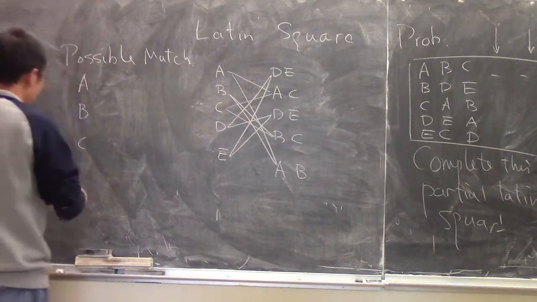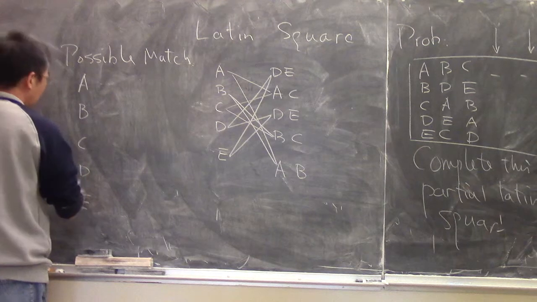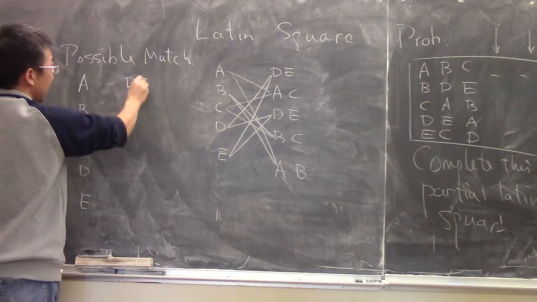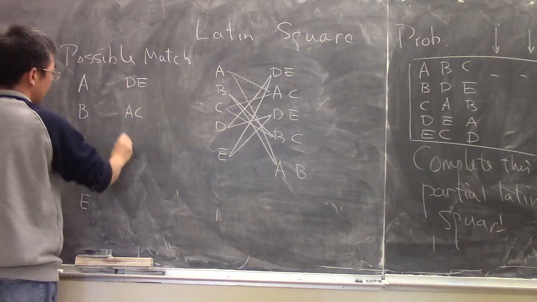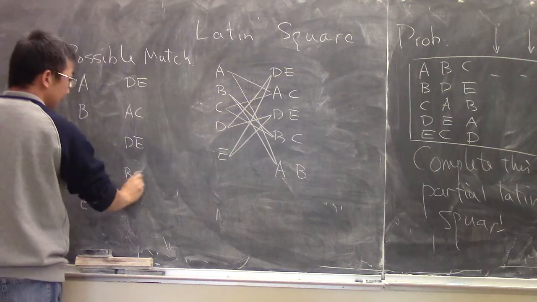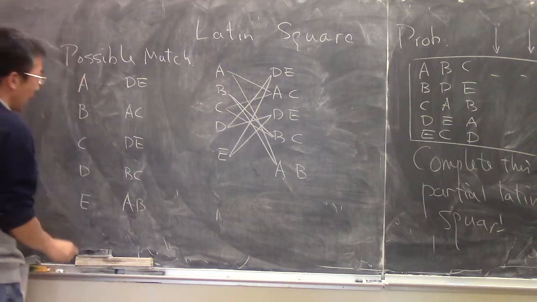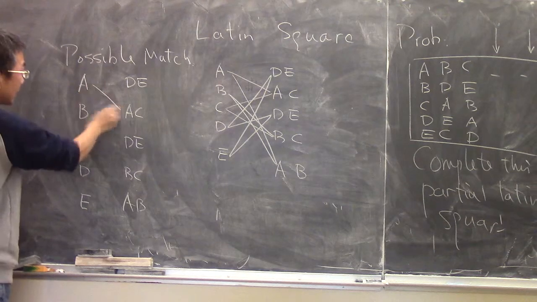So we have A, B, C, D, E, and then these words: D, E, and A, C, D, E, B, C, A, B. I'm going to say this is 1 match.